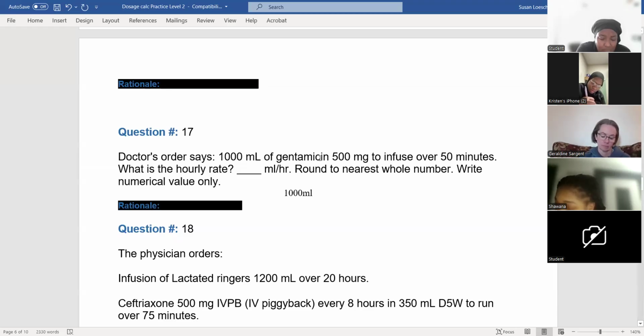Why is it this instead of this? Because you're looking for the volume and not the milligram. And this is a strength. Very good. So make sure you remember that on the test. This is another big factor why people get these questions wrong.